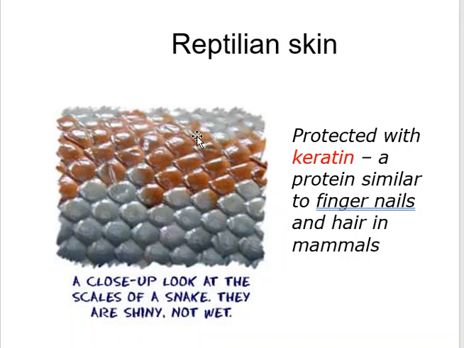The scales are made of this keratin protein, as I told you, which is the same protein that makes the hair of our body, or mammalian in general, as well as the feather of birds. And here is the key again, for an adult reptile to stay away from water, avoiding dehydration to their skin because of the presence of this very tight seal made of keratin. So that's a very important feature to remember.